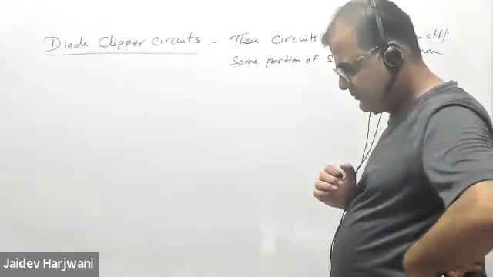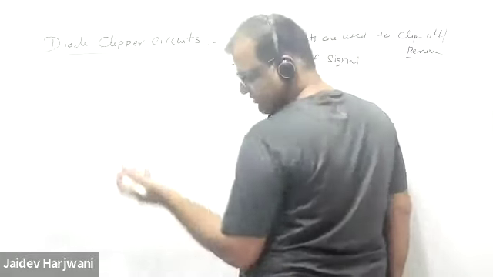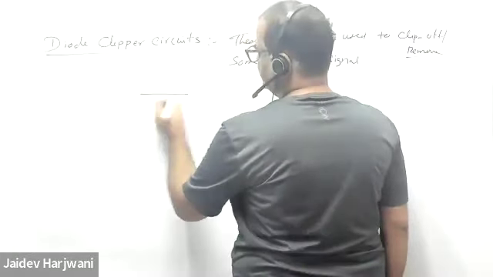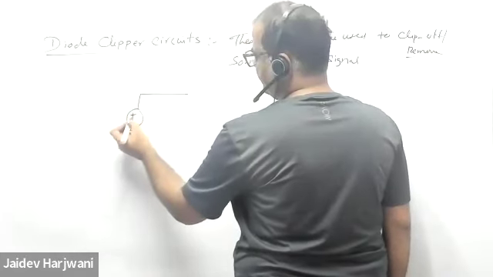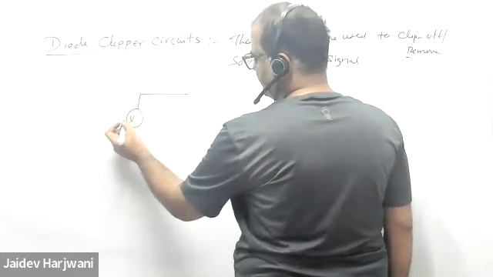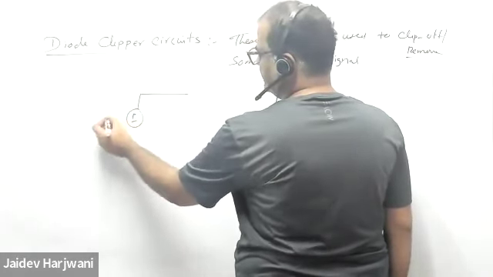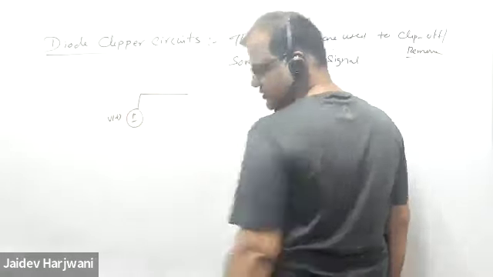For example, take the same half wave rectifier you have already seen. Say this is your voltage as a function of time, V(t), positive and negative both.